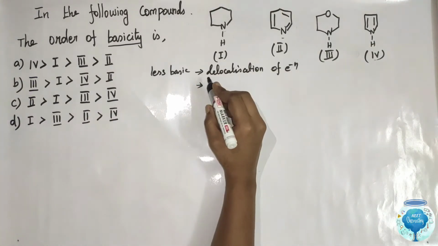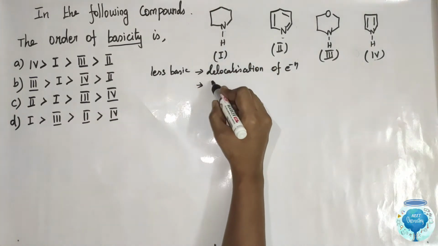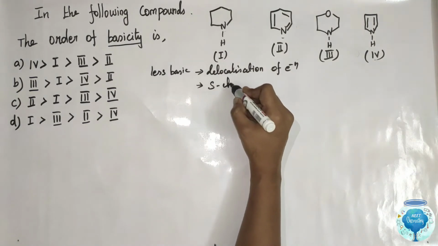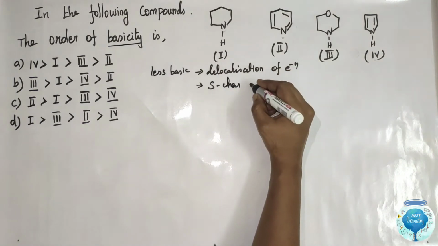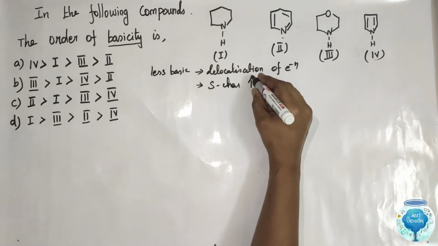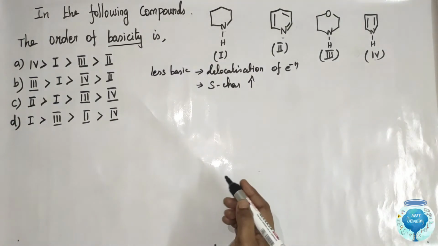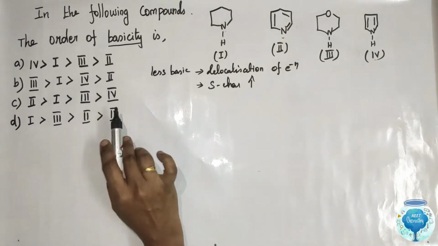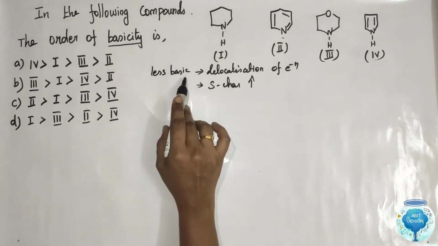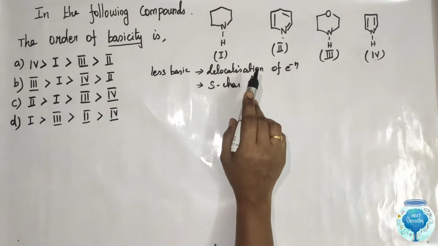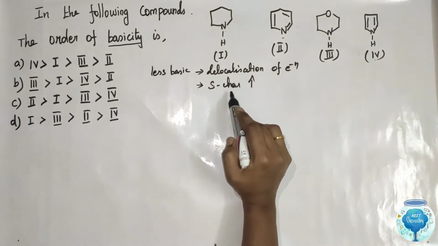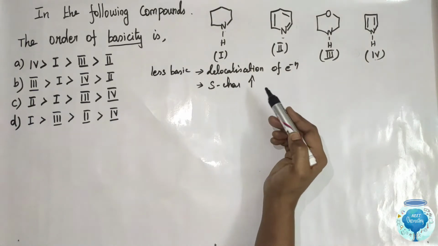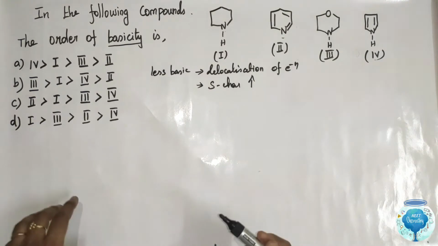Second, the S character of the nitrogen atom increases. These two factors will affect the basic character. So less basic means it contains a delocalization of electrons, and the S character is higher.